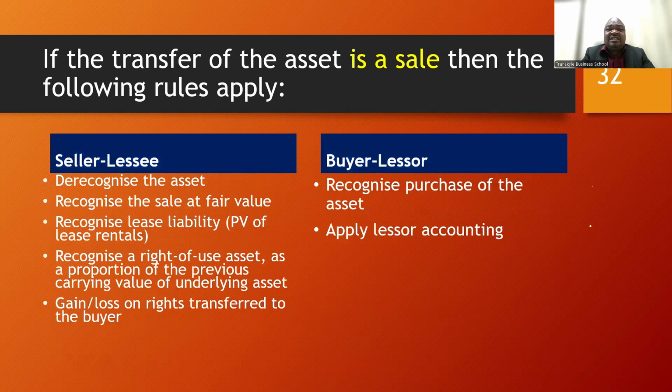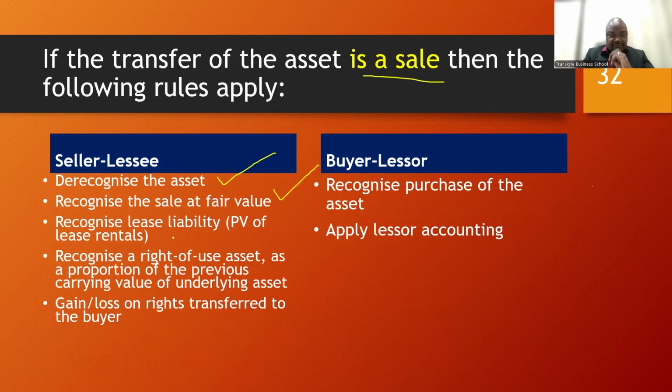Now, if the transfer of the asset is a genuine sale, then the following rules apply. Seller lessee. The seller has to de-recognize the asset, yes, because genuinely he sold it away. Then recognize the sale at fair value.